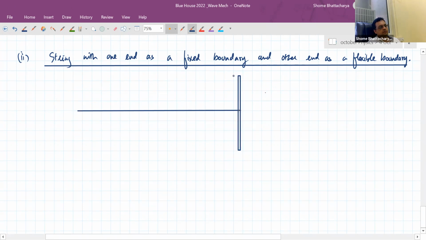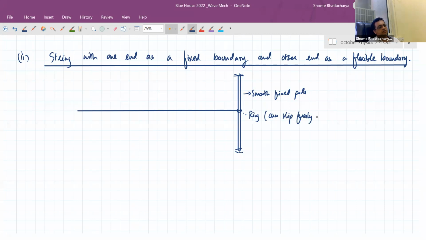So we have a fixed pole which has a smooth surface, and the string is attached to a ring which can slip freely on this pole.